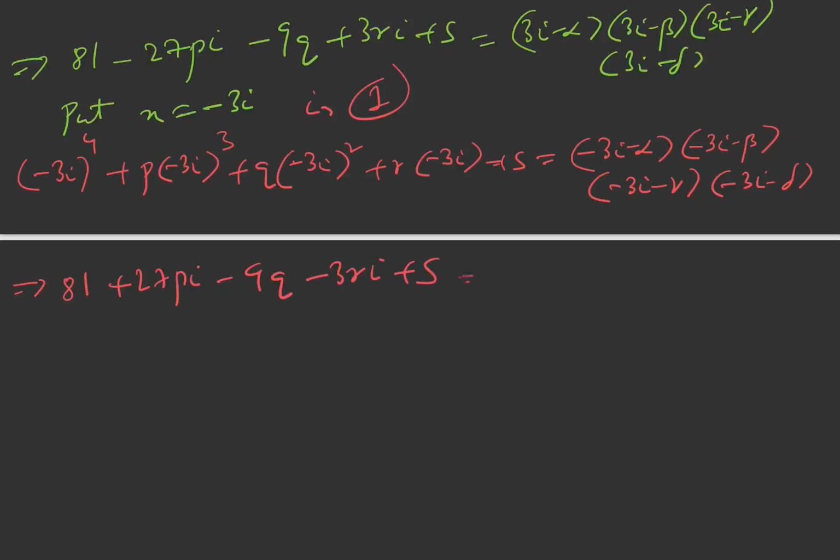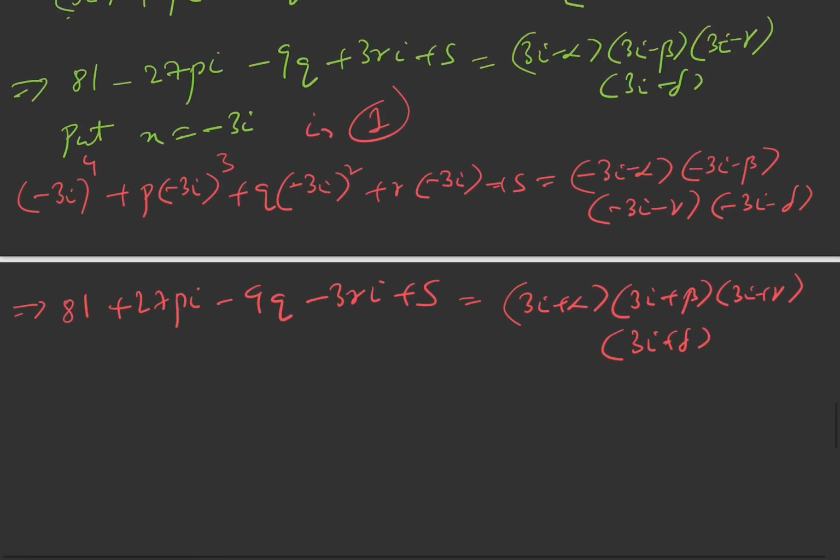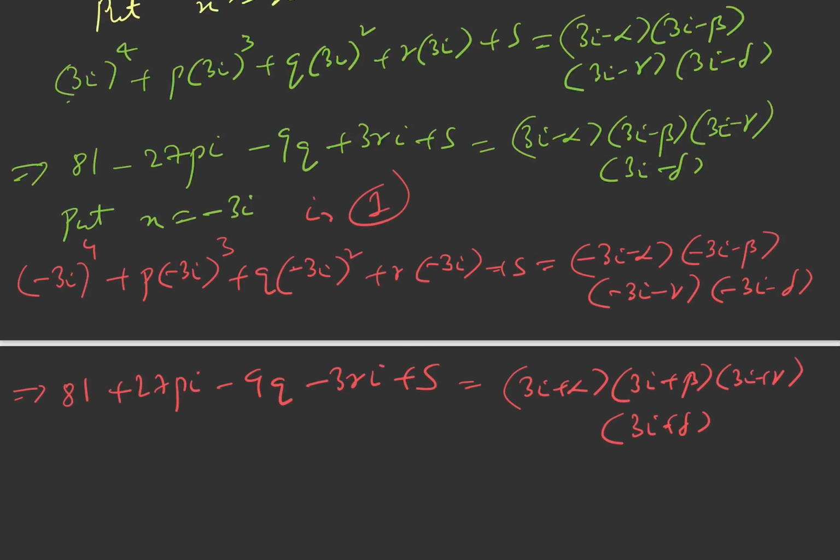equals to, I can just take minus common and I'll get 3 iota plus alpha, 3 iota plus beta, 3 iota plus gamma and 3 iota plus delta, right? So if you see these two equations, let us call this equation 2 and this equation 3.